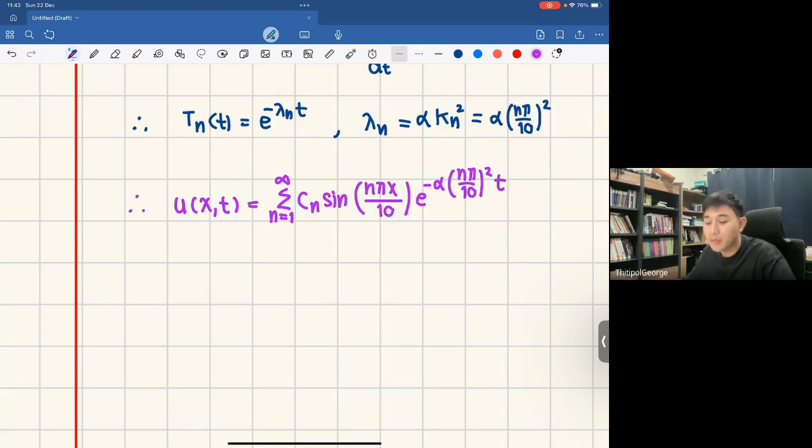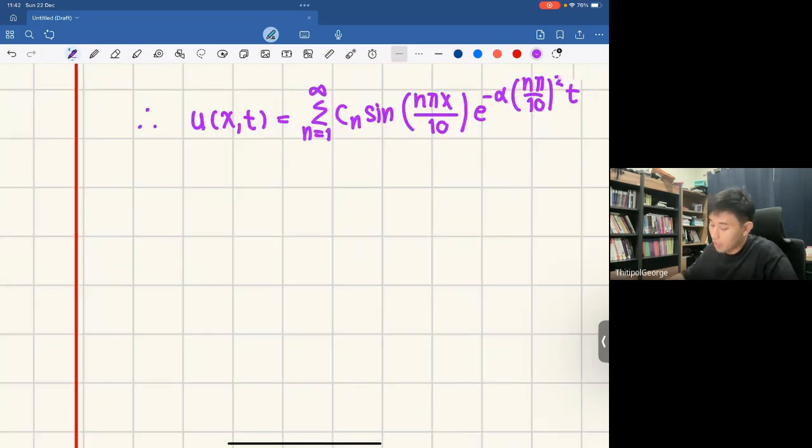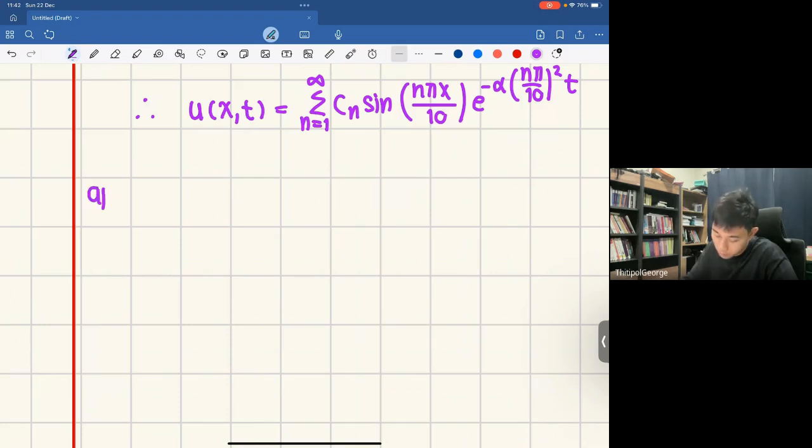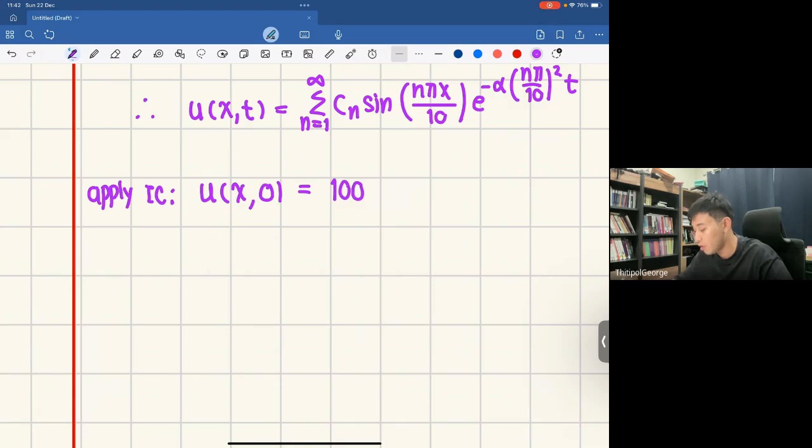And then we have the initial conditions. If you apply the initial conditions, we know that at time equals 0, u(x,0) is going to be 100 sine of pi x over 10.